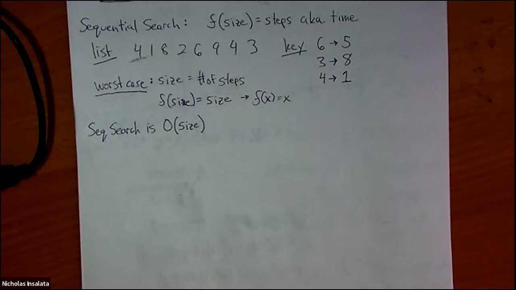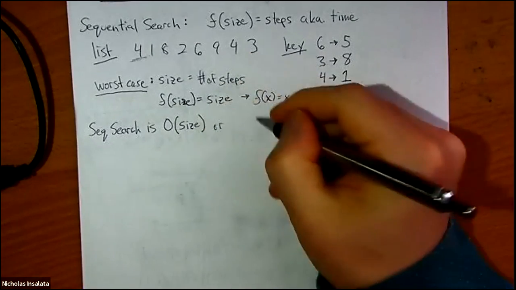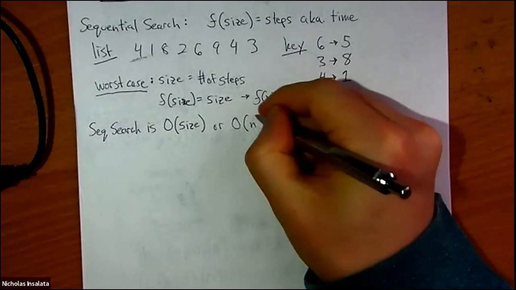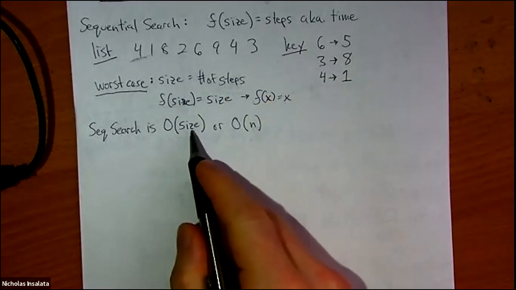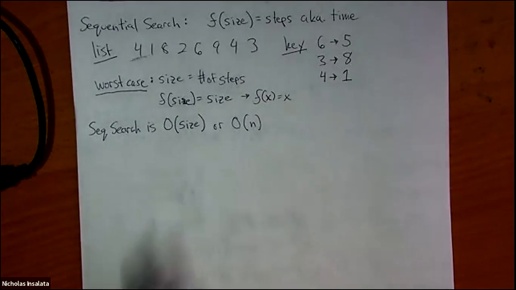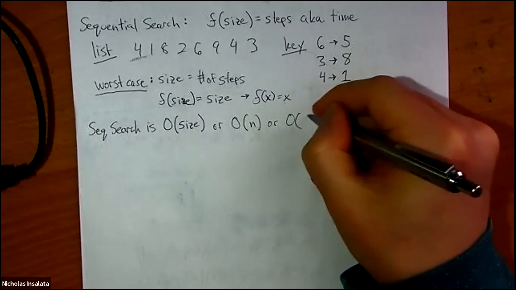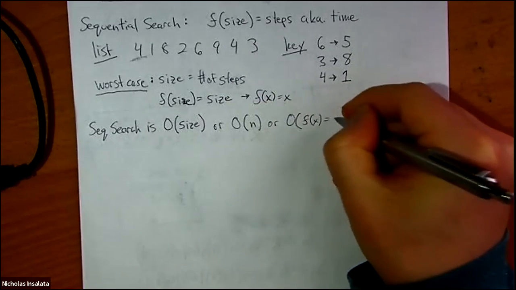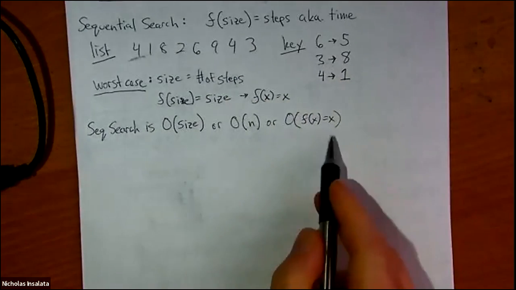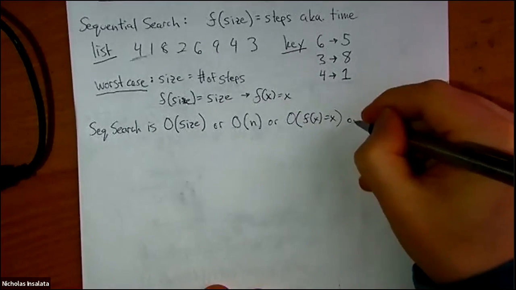Or if you wanted to say it a little bit more mathematically, you could say, big O of n, right? Where n equals the number of items in your list, right? The size of the list. Or you say big O of size or big O of n, or big O of f of x equals x. These all sort of mean the same thing. It's just different ways of saying the same idea, which is that it's linear, right?